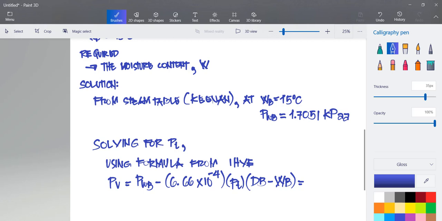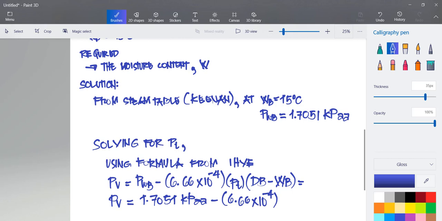So let's substitute the values here. The pressure at the wet bulb will be 1.7051 kPa, multiplied by 6.66 times 10 to the power of -4.